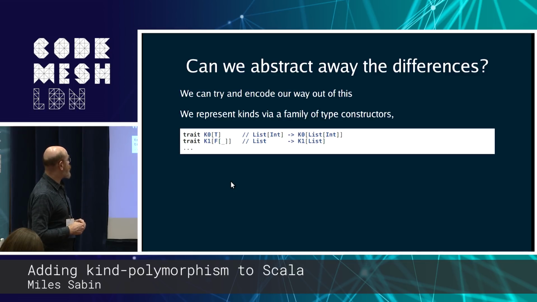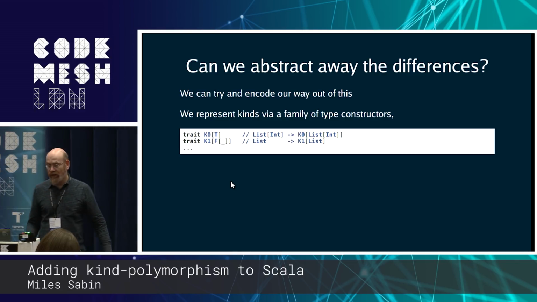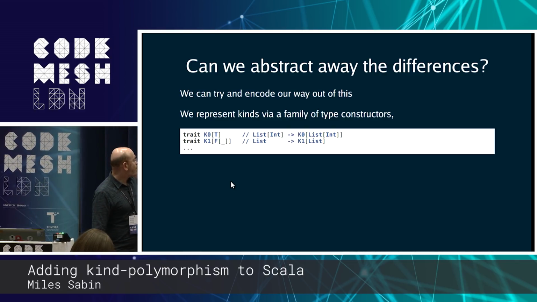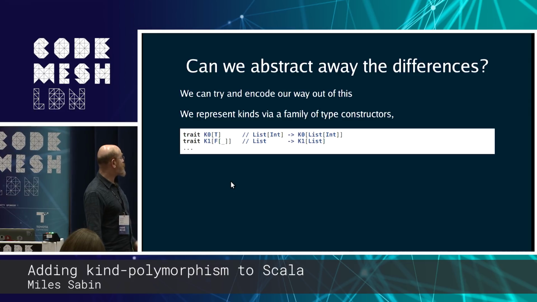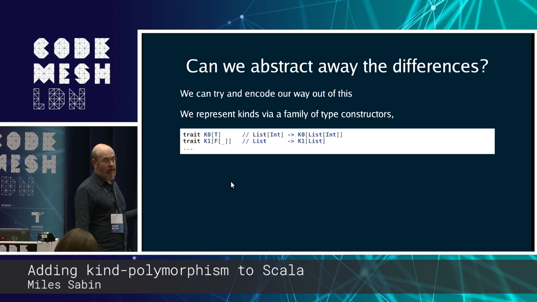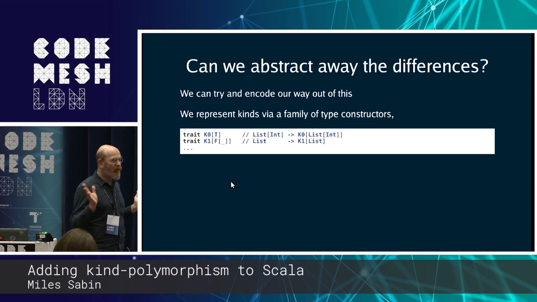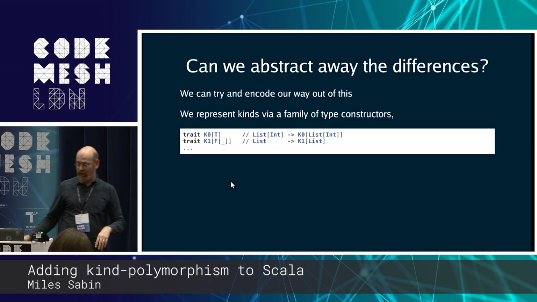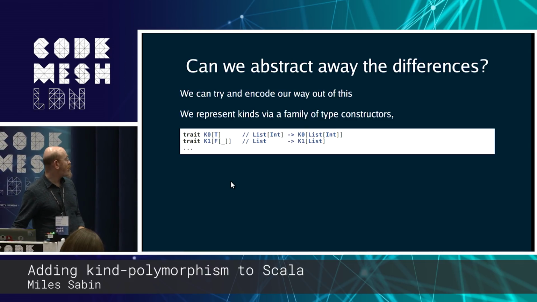So you can see how that plays out for those two cases. We can have a K0 of List of Int, or we can have a K1 of List. Obviously, this is our boilerplate, this is our repetition. But if we can express all kind polymorphic usages in terms of just this one encoding of kinds, we've at least moved the complexity into one place, and hopefully it's a bit more manageable there.